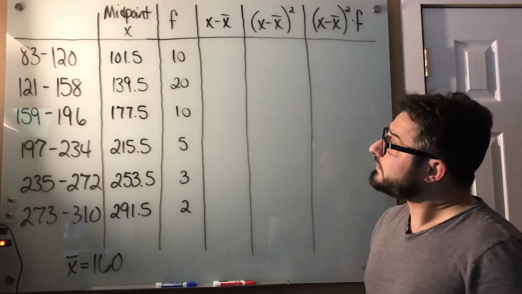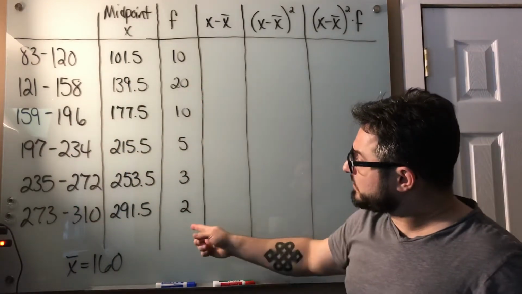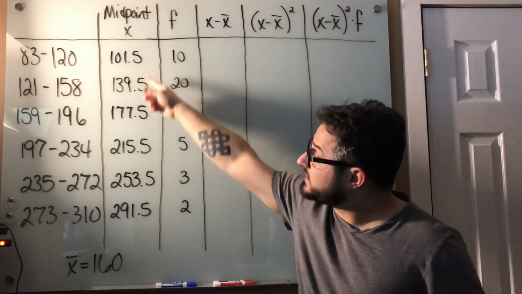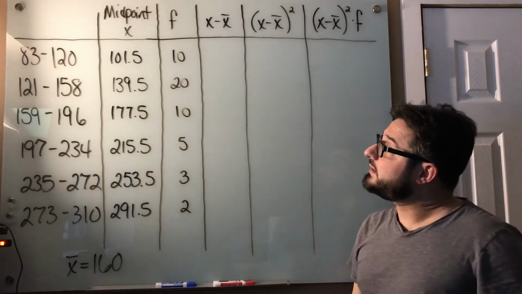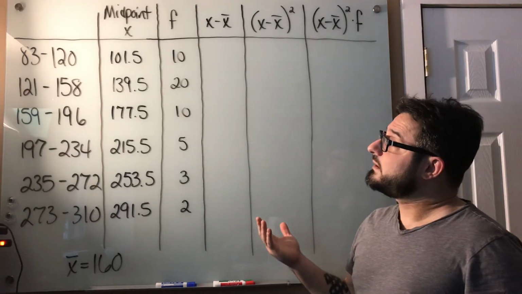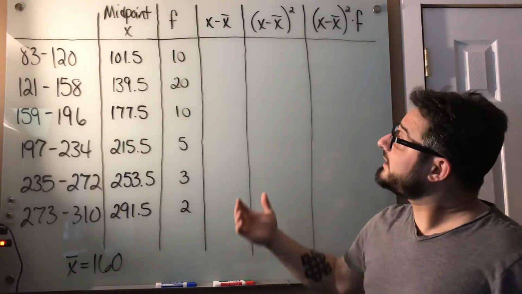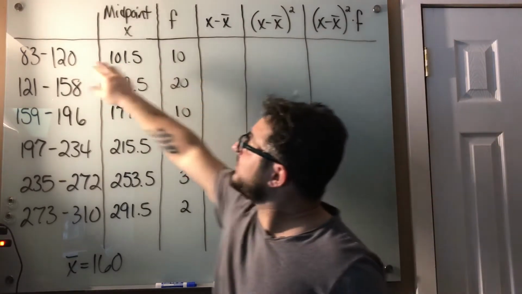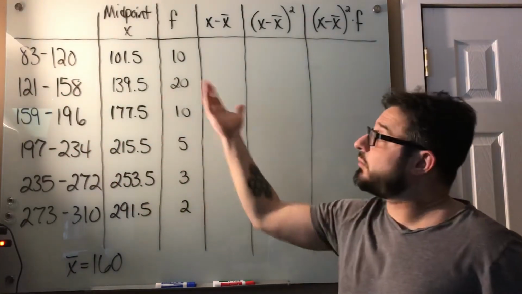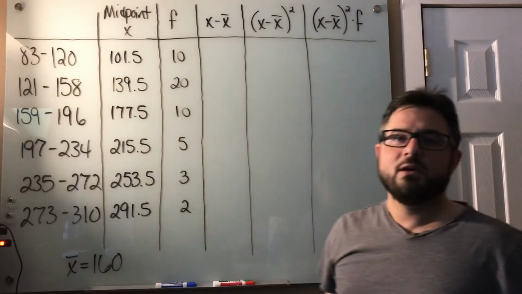So we've got the classes as already defined, the frequencies as well, and as we did in the mean from a frequency distribution, we need the midpoint of the group. The idea, of course, is that we are using the midpoint as a representative value to say there are 10 data values in here, but without having the data set in front of us, we don't know what 10 values they are, so we're going to treat all of them as if they were the midpoint.